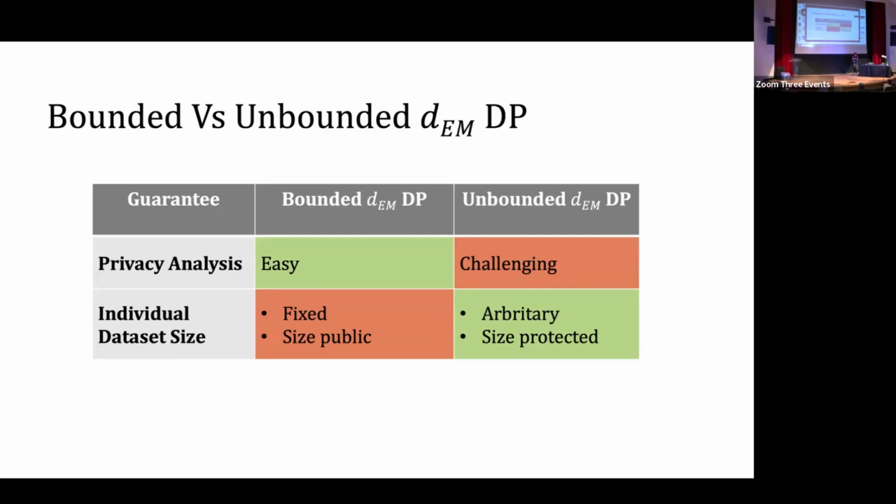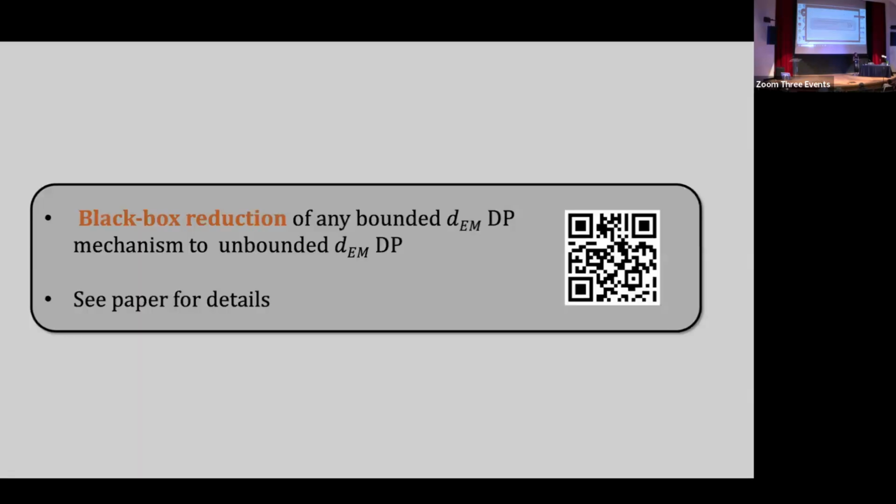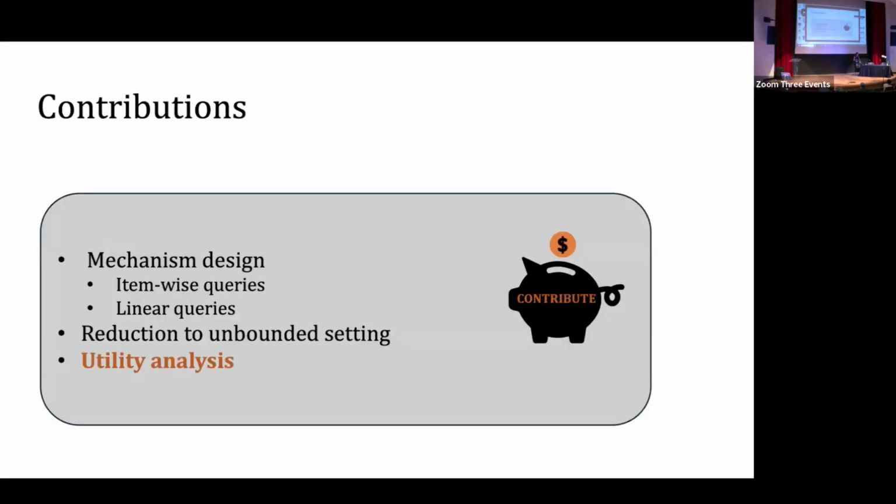Nevertheless, we can get rid of this restriction and we provide a black box reduction from any bounded data mechanism to an unbounded one. In the interest of time, I will not be going into the details of it, but please see our paper if you're interested. Now, let us look at the utility of our proposed mechanisms.